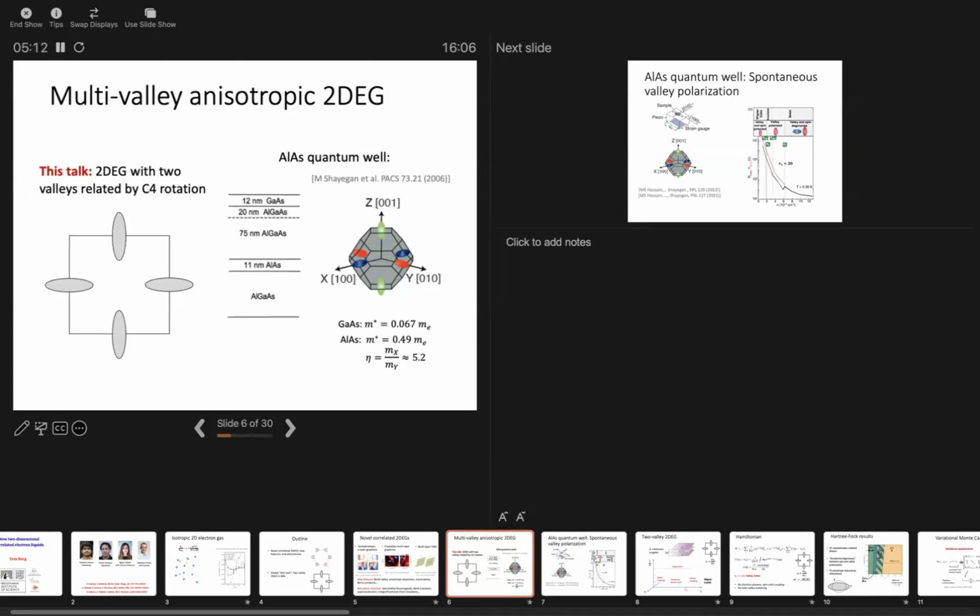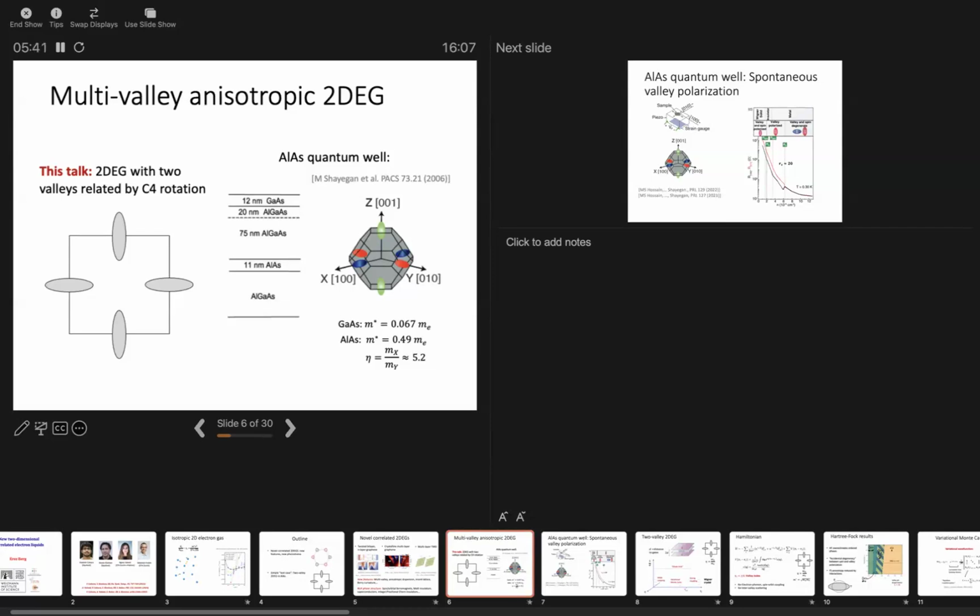They know how to make these 2D electron gases with very high mobility. And interestingly, the effective mass in the system, if you compare it to gallium arsenide, the effective mass m star, which is the geometric average of the two masses in the x and y directions, is much bigger. In particular, that means that you can reach the interesting regime of large rs already at higher densities.